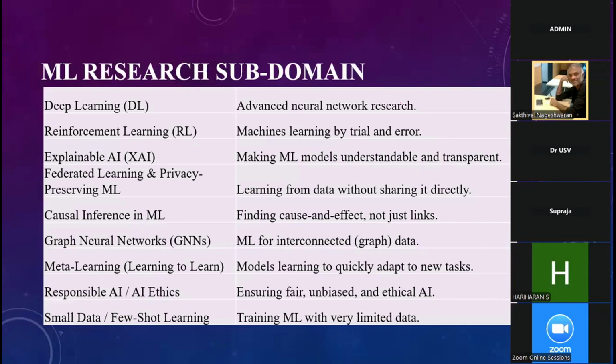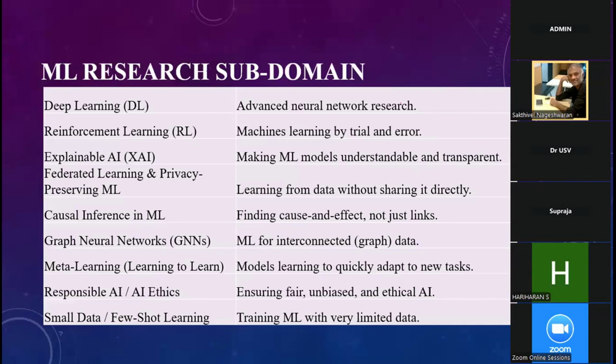It's also there. And AI ethics, small data, and few shot learning. That is very important. Few shot learning means training machine learning with very limited data. I want to go with some small data and I want to process here. Then I can go here with new learning. So this is also called research in subdomain, right?